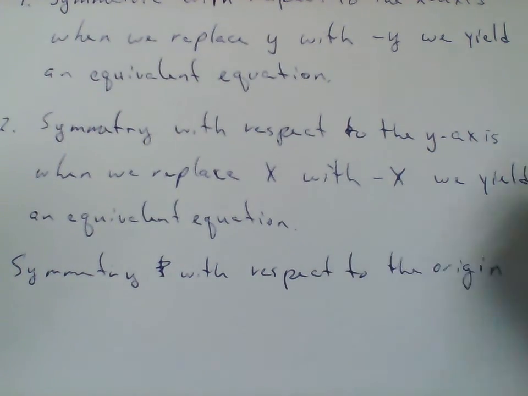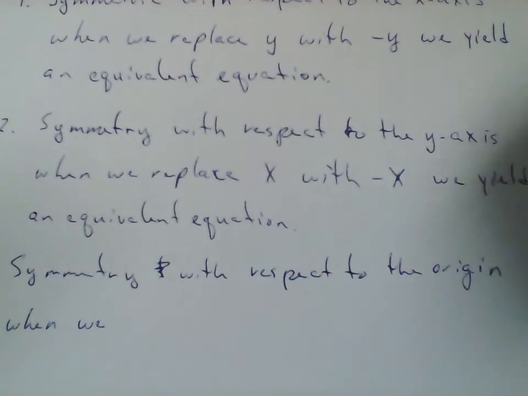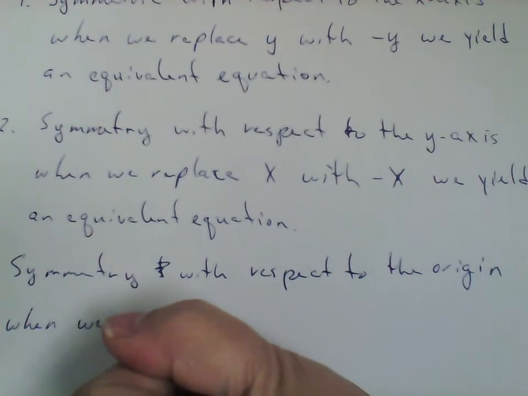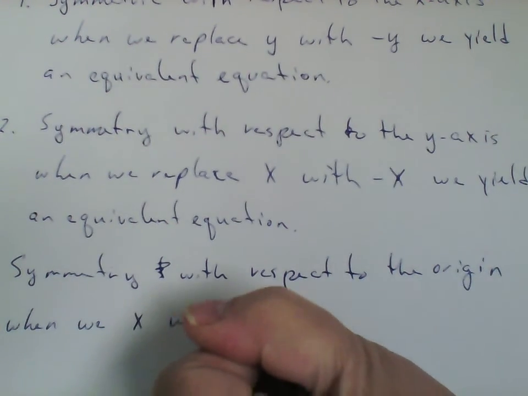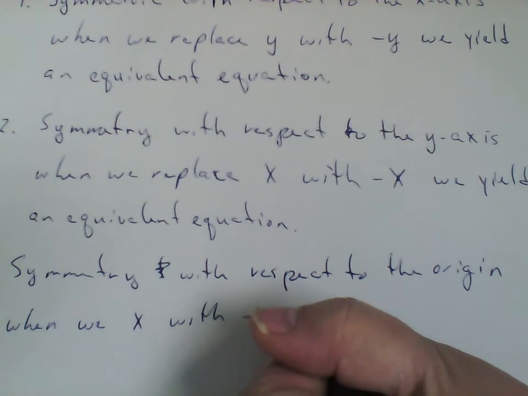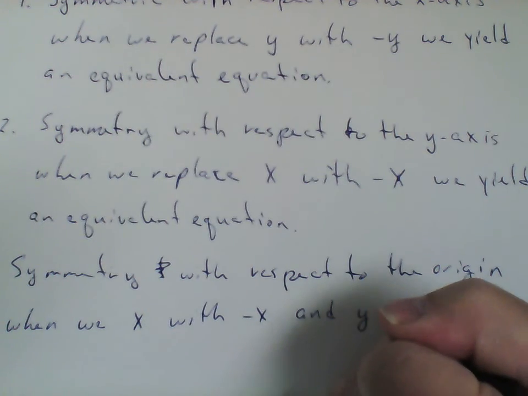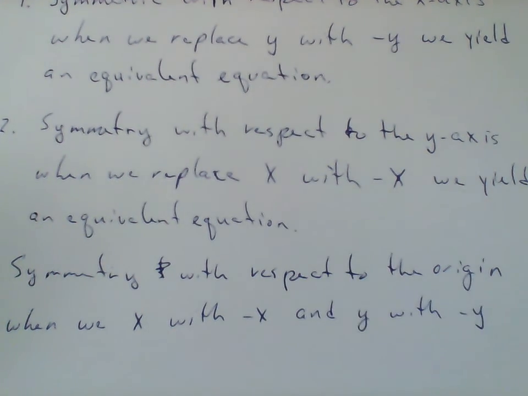Before we did x, then we did y. When we replace x with negative x and y with negative y, we yield an equivalent equation.